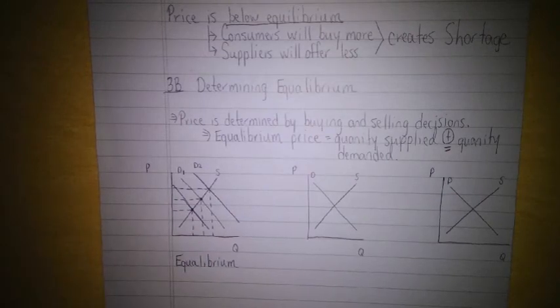Okay, now let's see if we can really confuse you. The next one we're going to look at deals with a surplus, I believe. Okay? All right. So in your notes, it says, what happens when the price for a good or service is higher than equilibrium? So let's go back to our little chart.